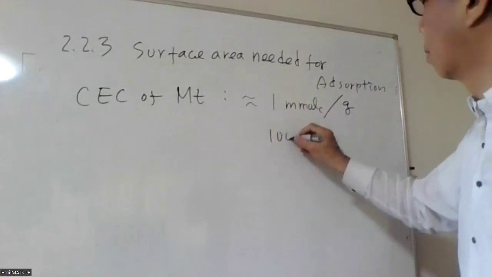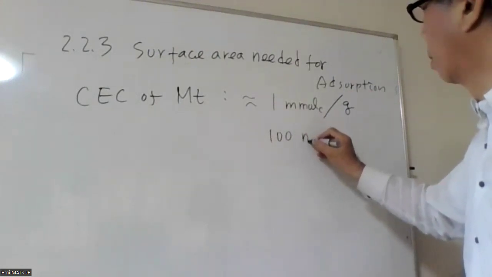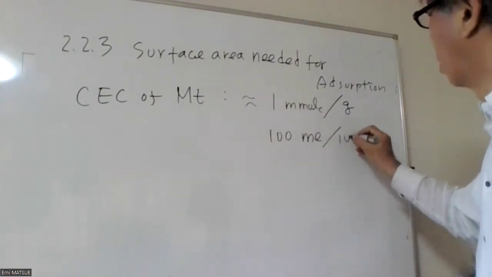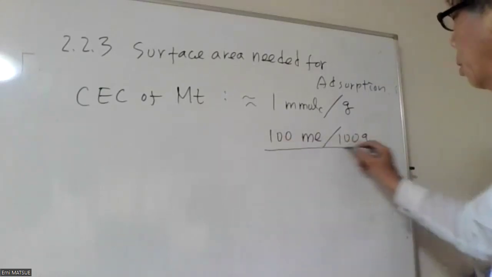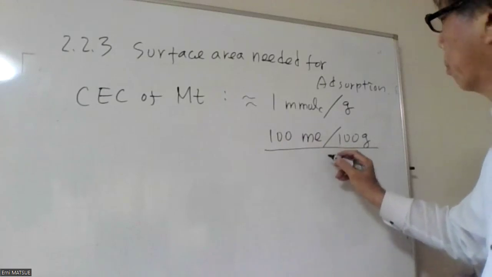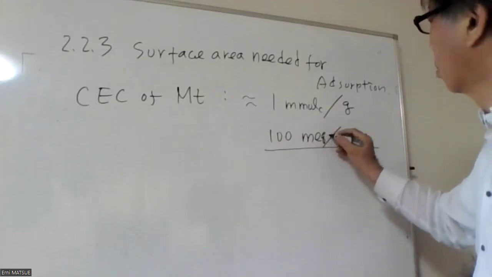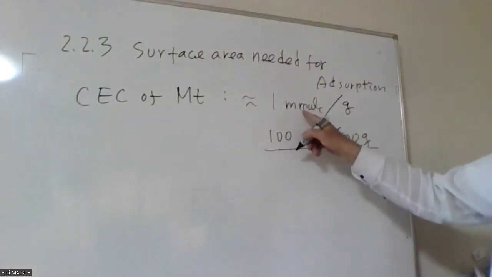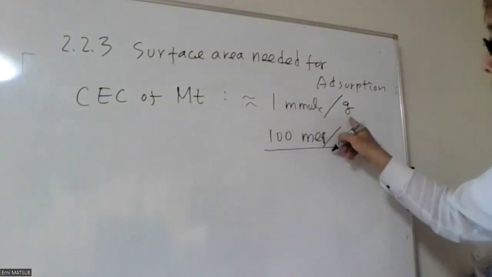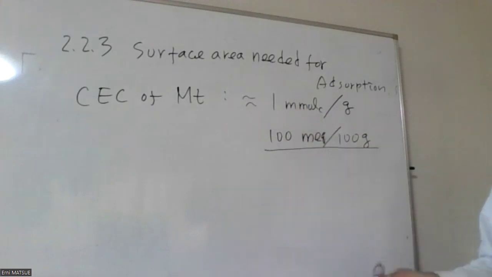Or it's an old expression, milli-equivalent per gram. 1 millimole charge per gram, about.